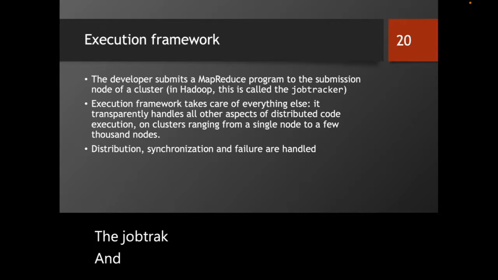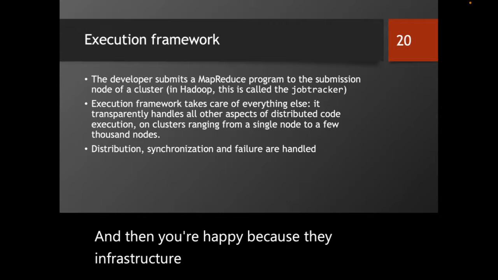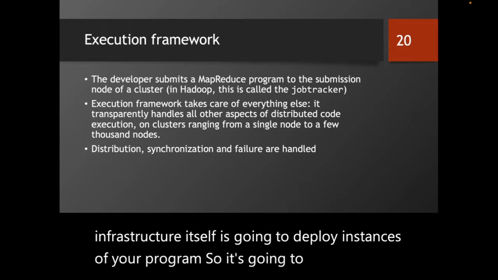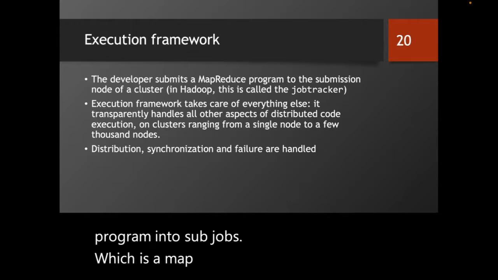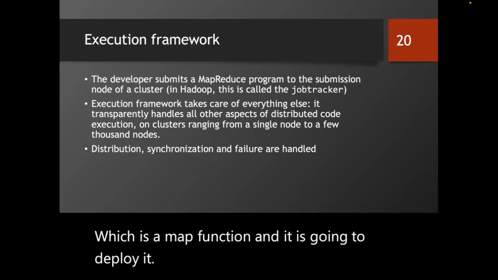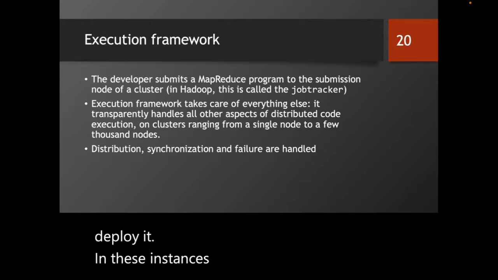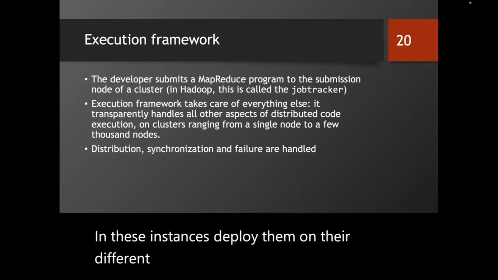And then you're happy because the infrastructure itself is going to deploy instances of your program. It's going to divide your program into subjobs, which is a map function, and it is going to deploy these instances on the different nodes of the cluster.